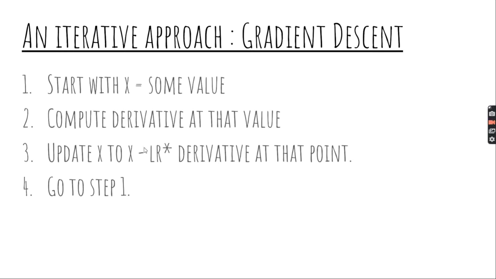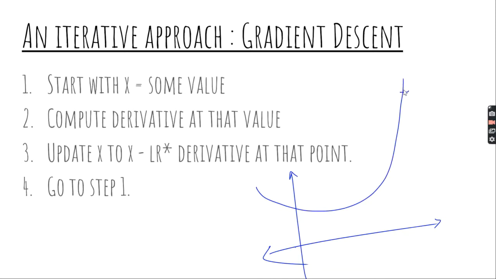The iterative approach simply is, rather than just taking a closed form equation and solving for it, we start at some random point, and we try to get to this point, which is the minimum, which is what we want.